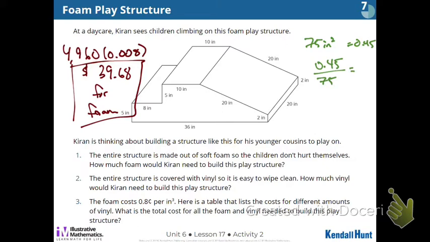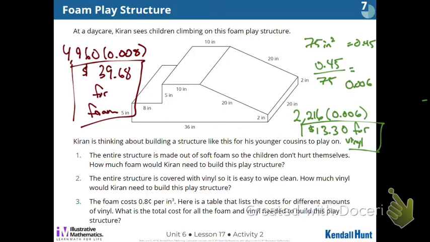So I divide my 45 cents by 75 is 0.006, or 0.6 cents per square inch. So what I'll do is I'll take that surface area we just found, 2,216, and I'm going to multiply that by the price per square inch for a total of $13.30 for vinyl. Yeah, it does seem pretty inexpensive, doesn't it?